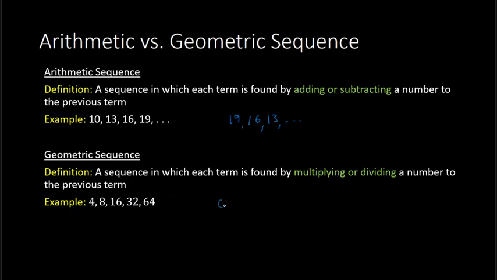And also if it was going the other way, so 64, 32, 16, etc., that would also be geometric because I am dividing by 2 each time, or thinking of that as multiplying by 1/2, same thing. So this would also be a geometric sequence.